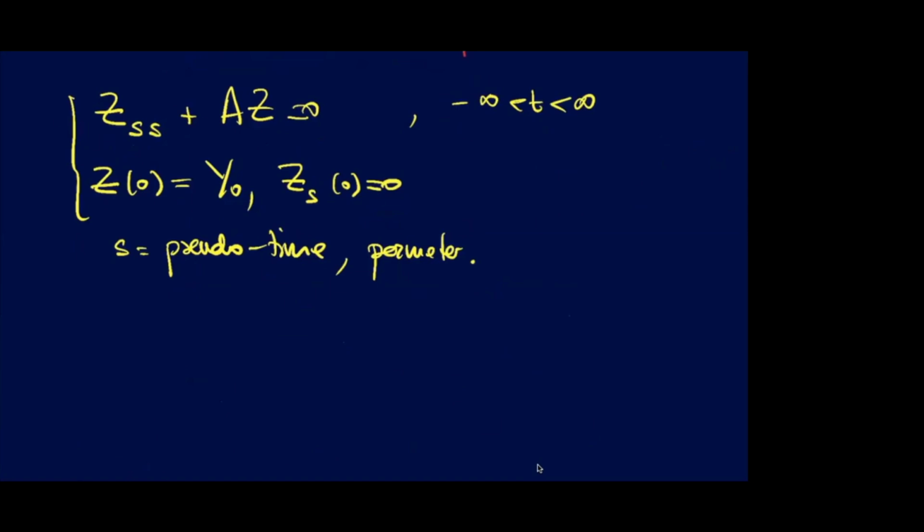Okay, so then, of course, this is a second order in time equation, then it's time reversible, and I can solve it for the pseudo time s from minus infinity to plus infinity, because the system is reversible in time. It's not like the heat equation, where I can only go forward, but the Cauchy problem is imposed in the backward sense.